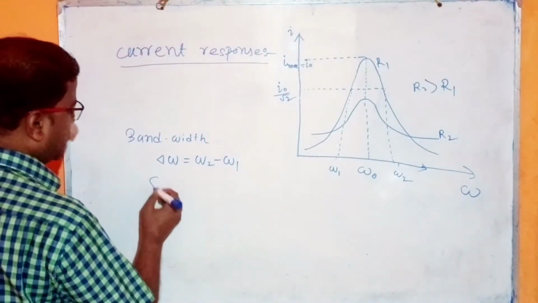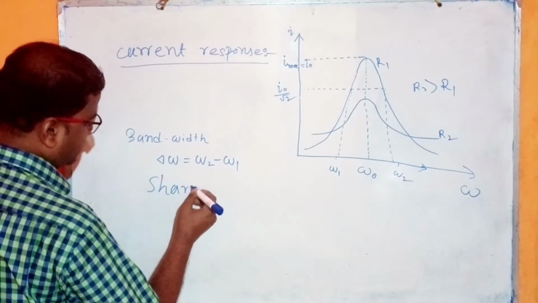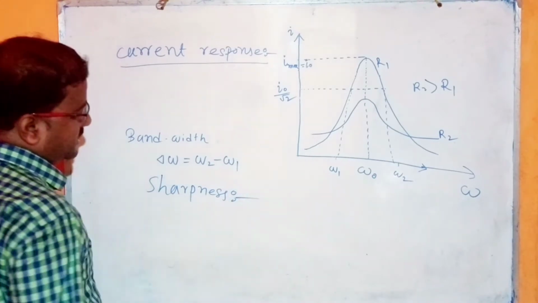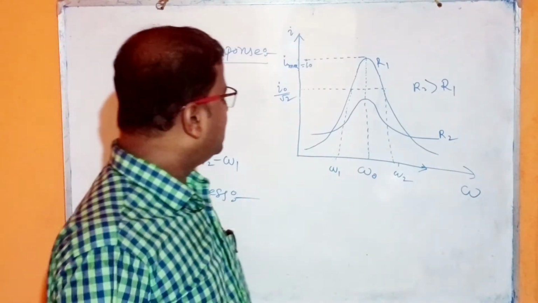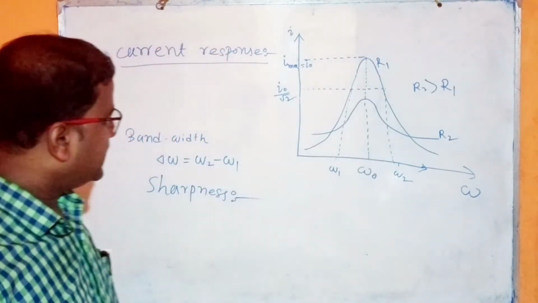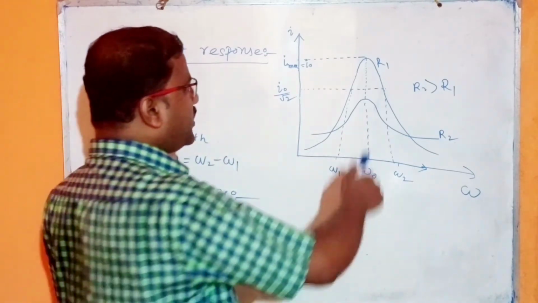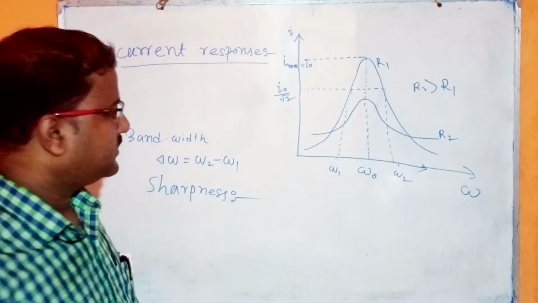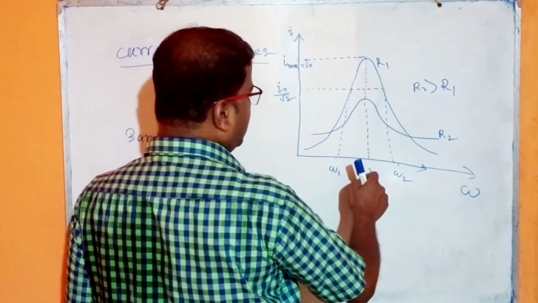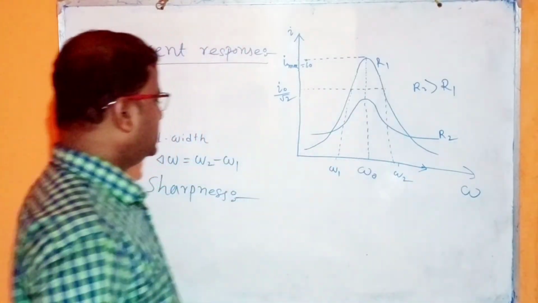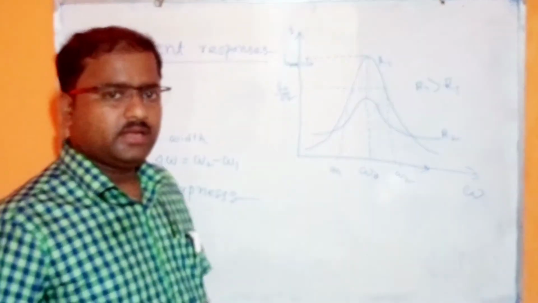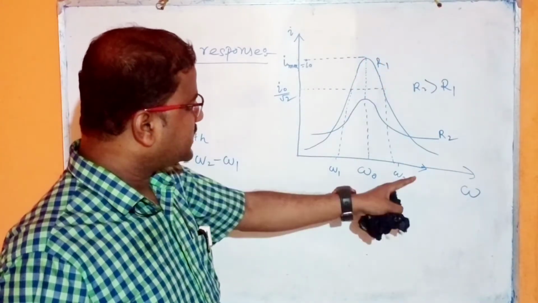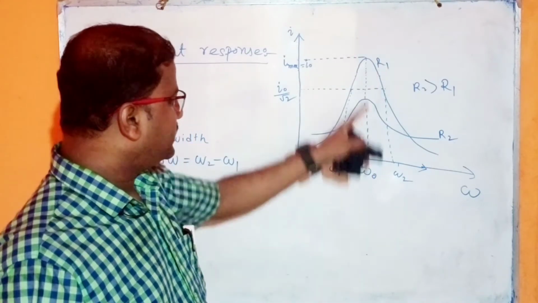So what is sharpness? Sharpness of the resonance curve defines how rapidly the current falls on both sides of the resonance frequency.